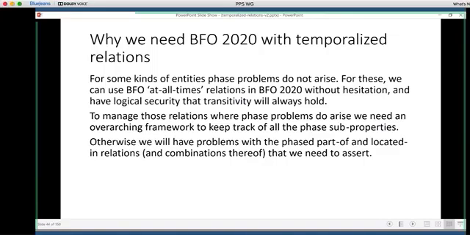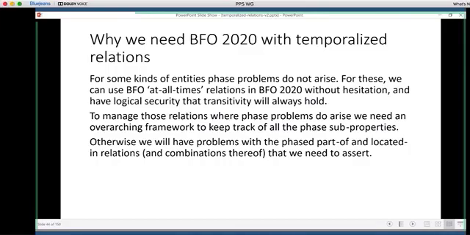All right, but where the phase problems do arise, then we're going to need an overarching framework to keep track of all the phase subproperties and how the part of subproperties interact with the located in subproperties and the combinations of these relations, potentially also with other relations that we need to assert.